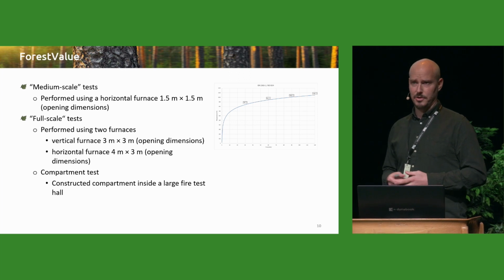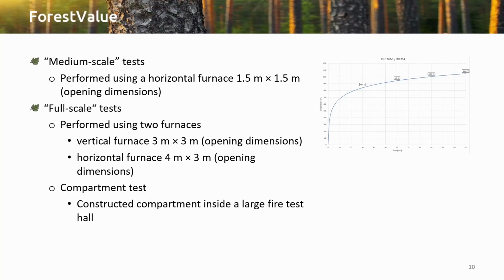In all the furnace tests we have done, we have used the standard fire curve. You can see the diagram to the right. It's also sometimes called the cellulosic fire curve. And we also did a compartment test where we built a compartment inside a fire test hall.